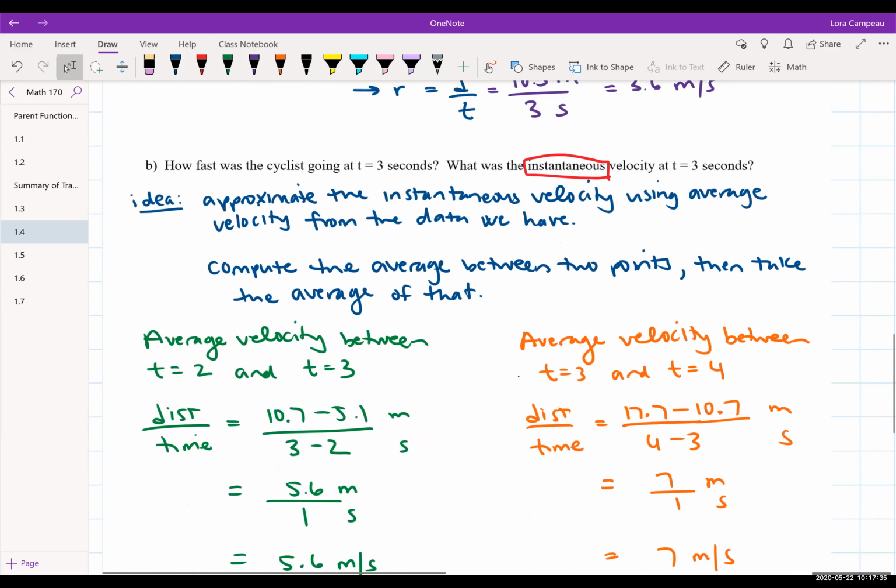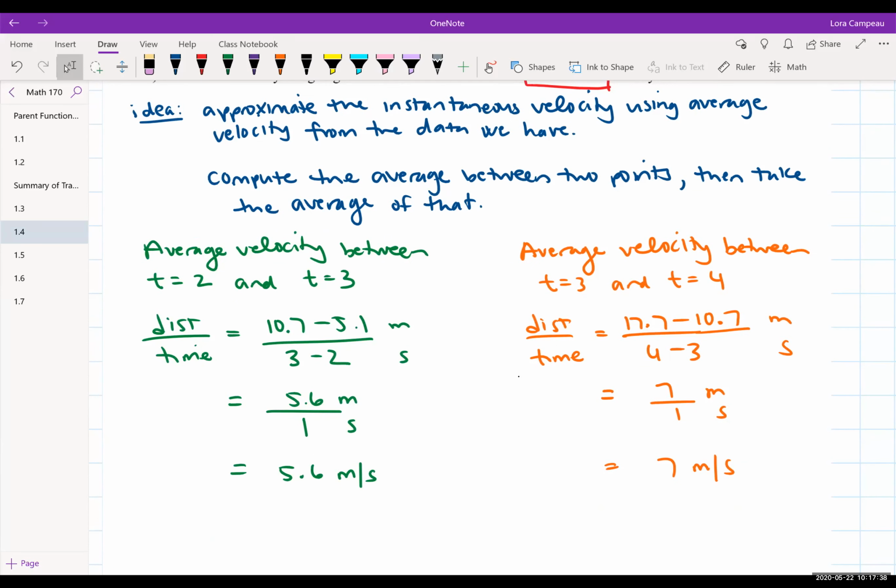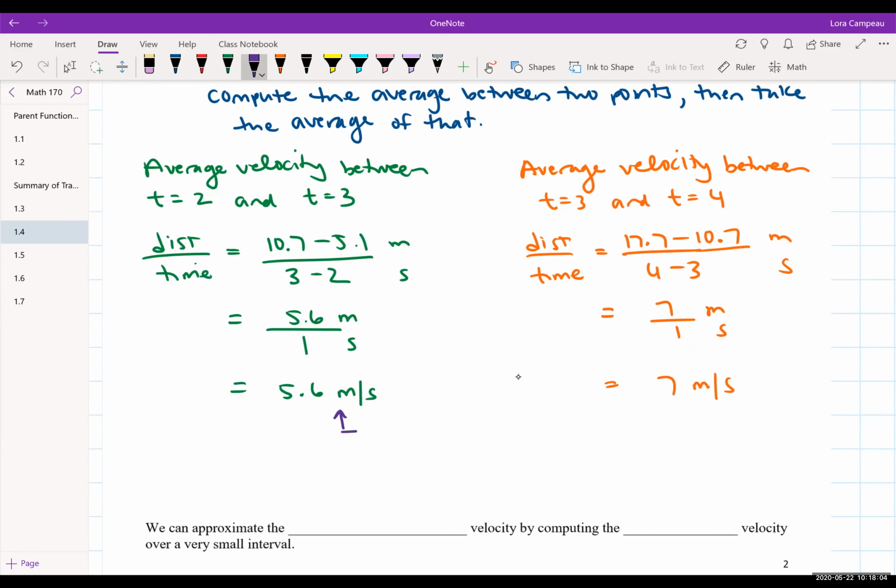And if you're recognizing that we're taking the differences of the distances over the differences of the times, it should bring back a little bit of memory of something about differences of y's over differences of x's. So think about that. But we have two averages going on. Why don't we try to be a little bit more precise, and let's take the average of these two.